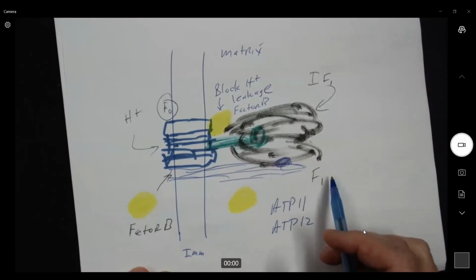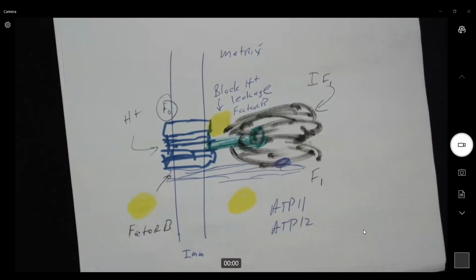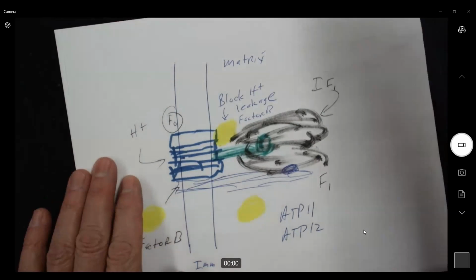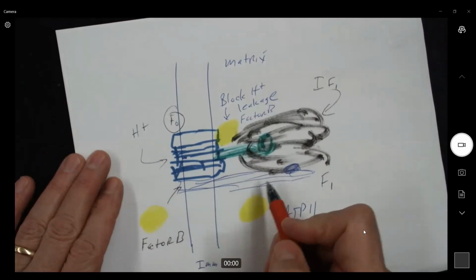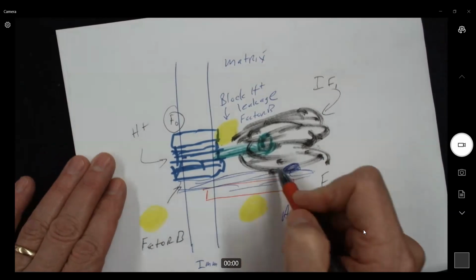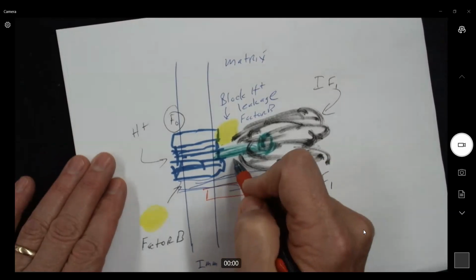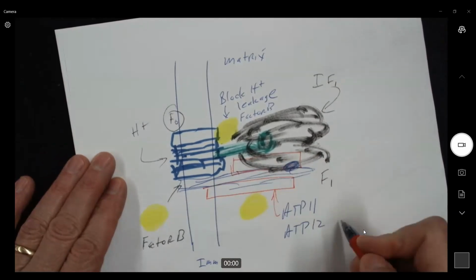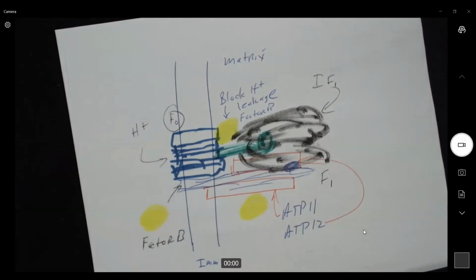These will protect these hydrophobic surfaces, and I'm going to draw those in red. These are going to protect these surfaces from aggregating together.